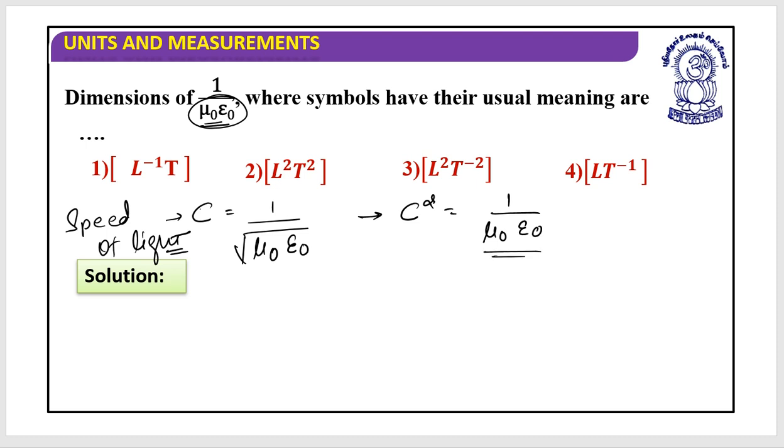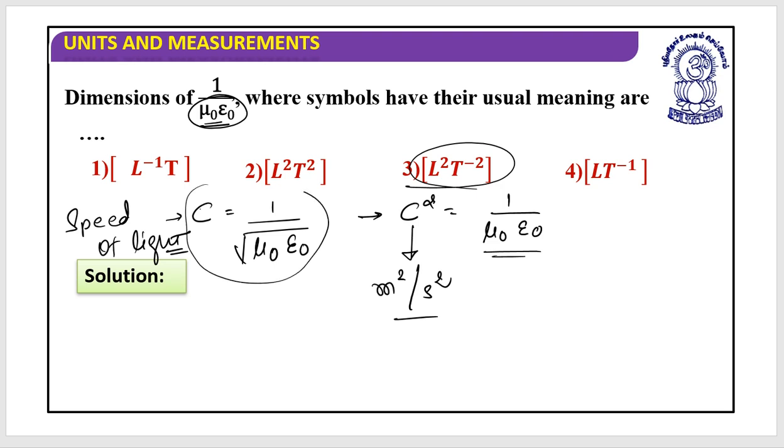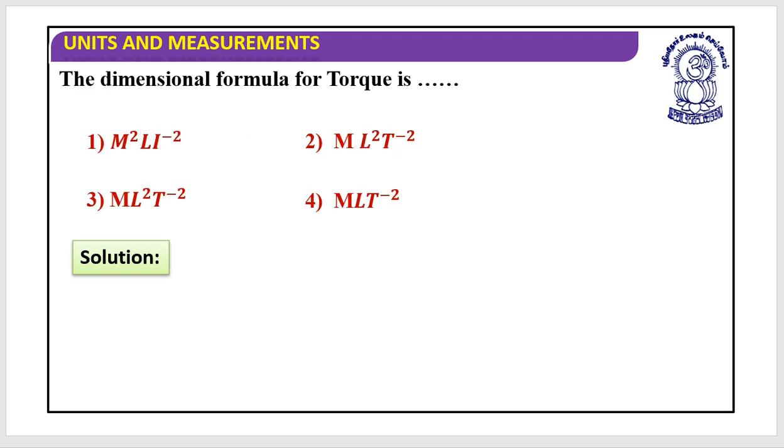This is what I require, so this is c square. It's meter square per second square, so this is L2 T minus 2. Okay. If you don't know this, don't bother at all, because when you come to class 12, you are going to study a unit on electromagnetic waves, and you will have knowledge of this. So if you don't know, don't bother. Yes, let's move to the next.